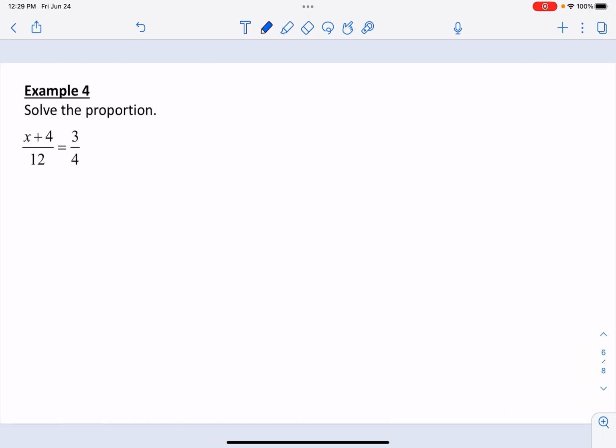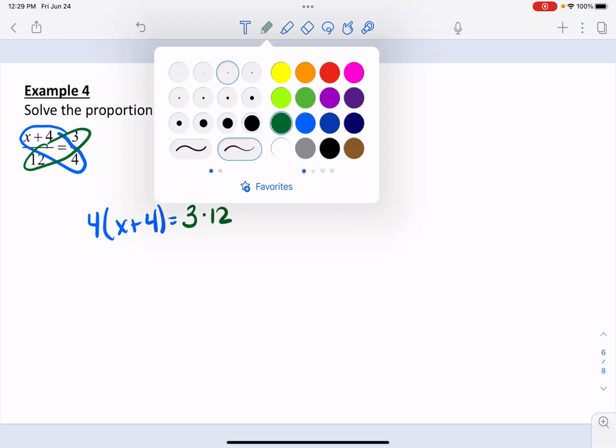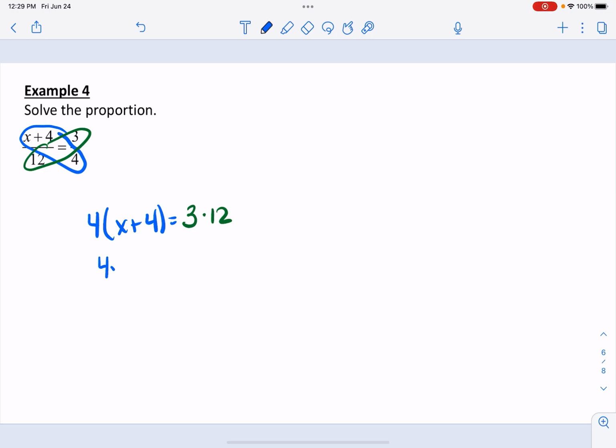Okay, the next proportion, cross multiply. I have 4 times x plus 4, that equals 3 times 12. Now solving that, I distribute my 4: 4 times x, and 4 times 4 is 16. We just did 3 times 12, that is 36.